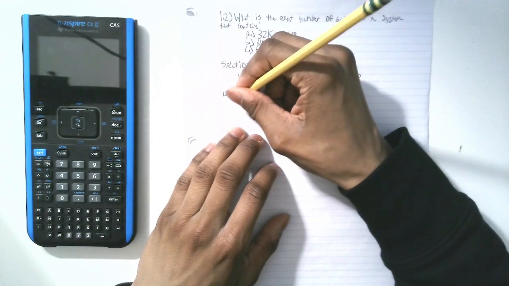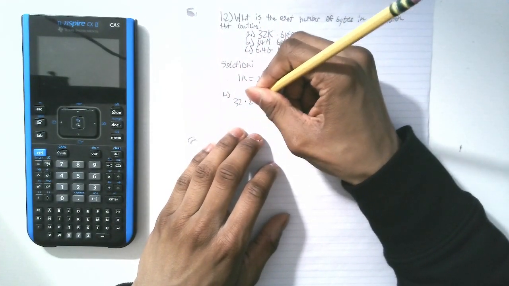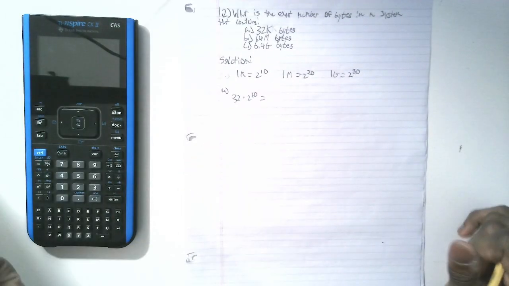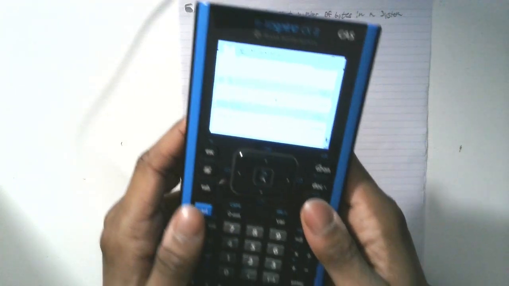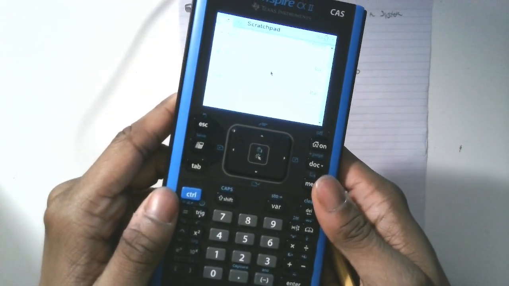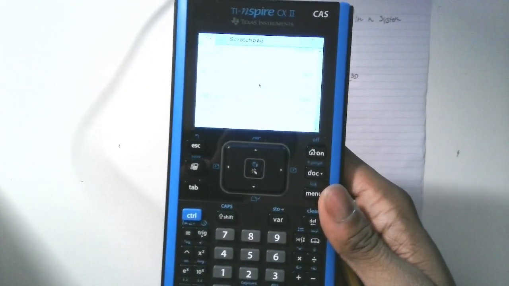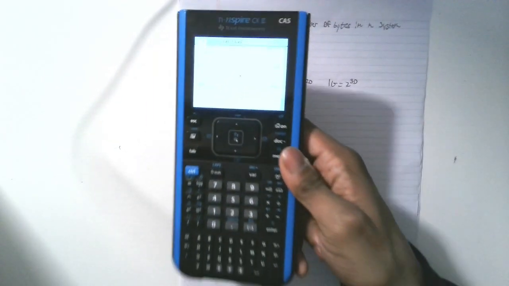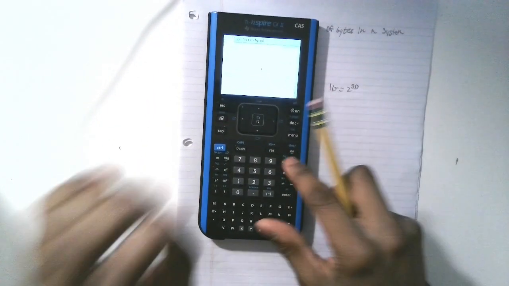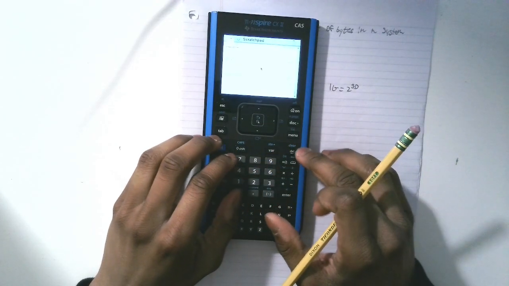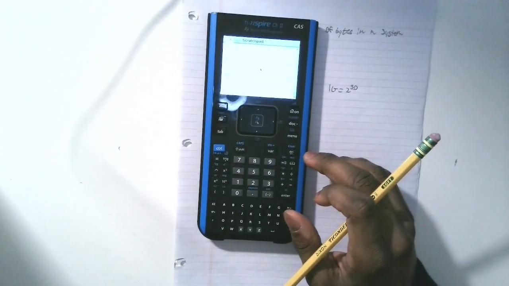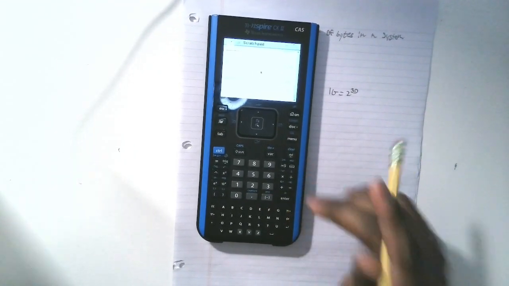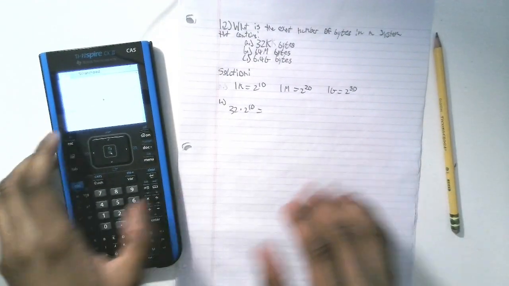So this would be 32 times 2 to the 10. I'm going to calculate it because I want to see the exact value you get. I'm going to just put it in the calculator and you're going to see my answer at the end.